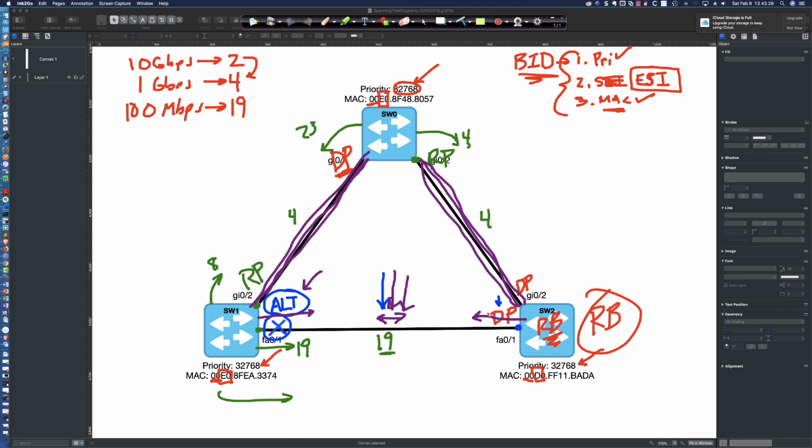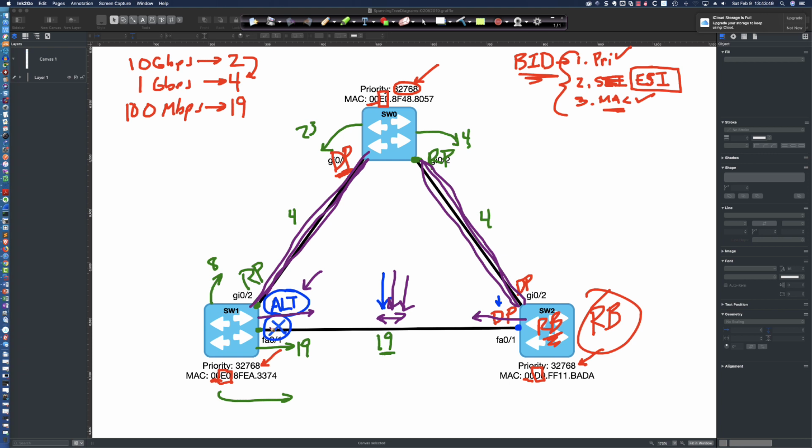Therefore, it would have been the designated port anyway. We know that because it's the root bridge, but had it not been the root bridge, it's got a superior, i.e. lower, root path cost. It becomes the designated port for that segment. And then the opposite side has to be blocking. It's an alternate blocking port.